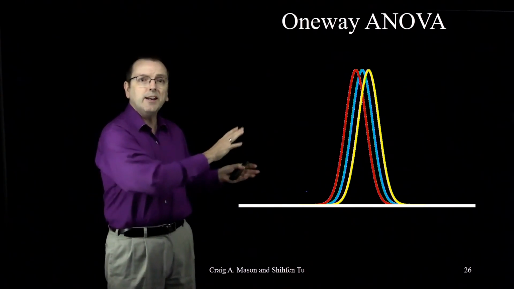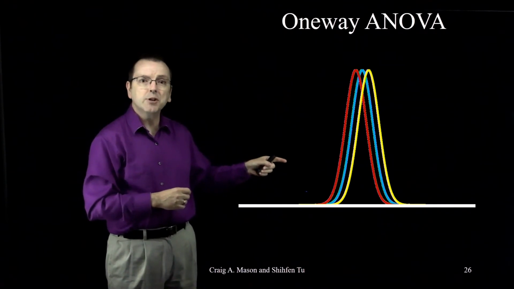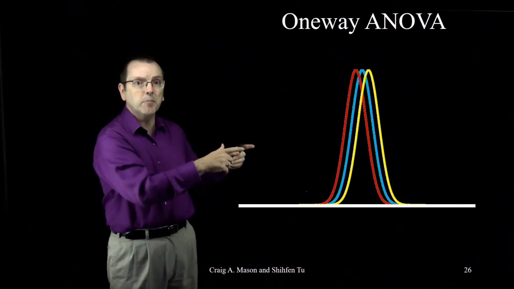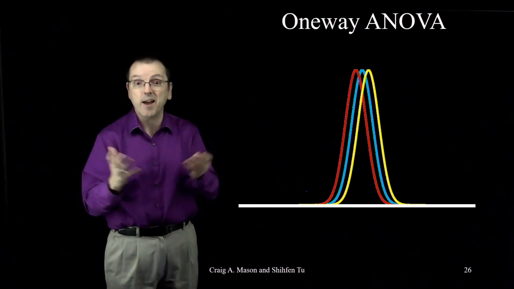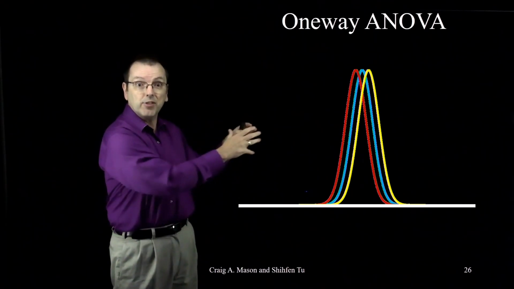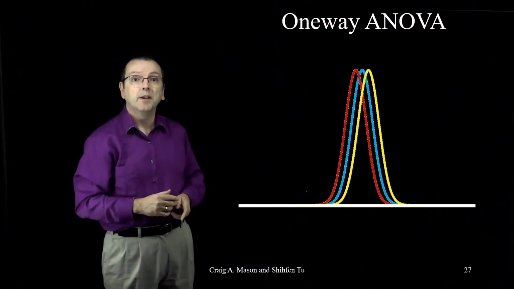Now, looking at this, what do you think? Are the population means for these groups different? Remember, these are samples taken from the population, and of course there's going to be some difference between our sample means and the sample distributions, even if the null is true and the population means are all equal.